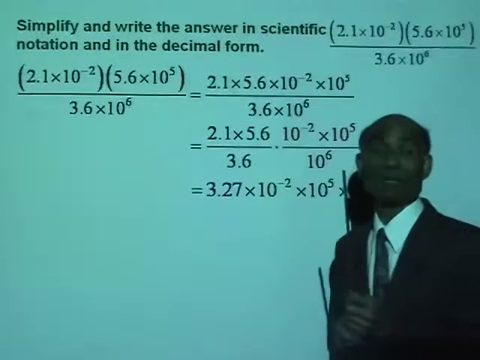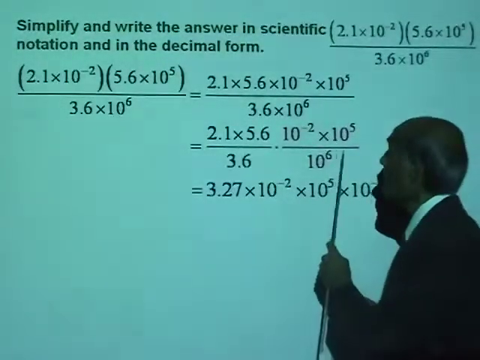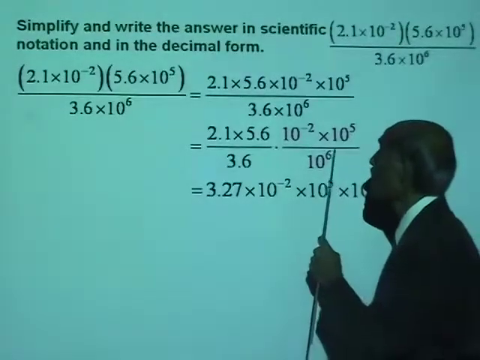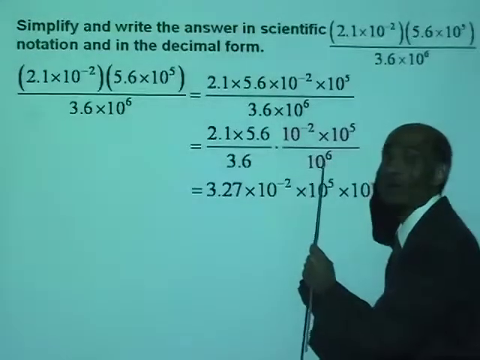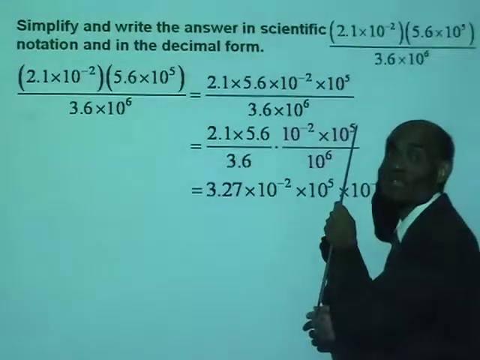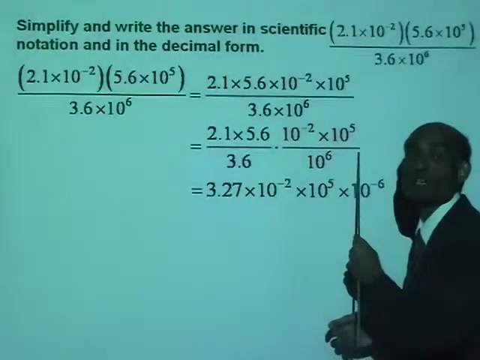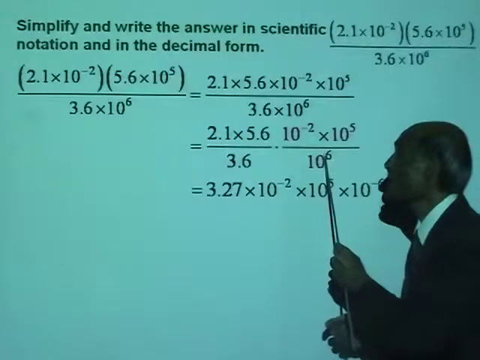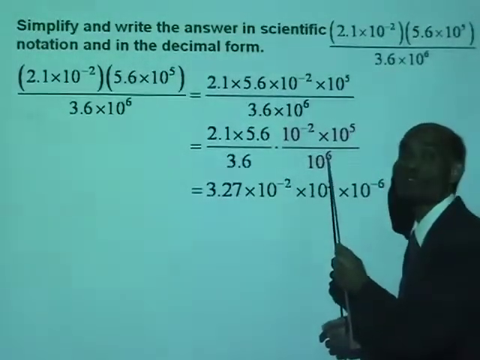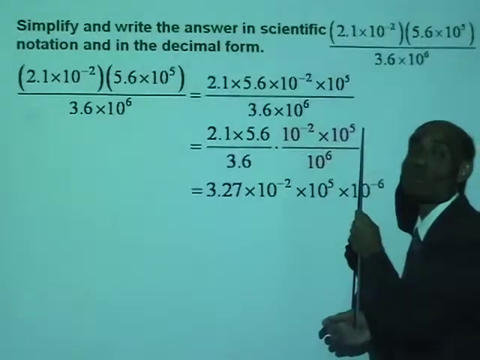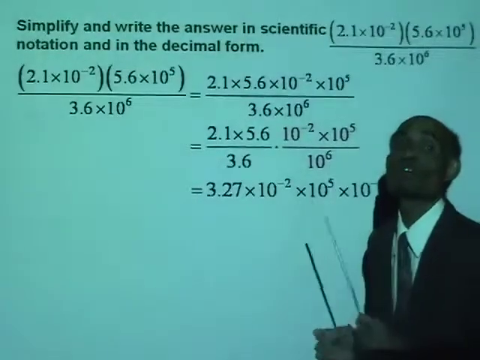So once again, when you want to write a number in the scientific form, powers of 10 will not be sitting on the denominator. You need to move it from the denominator to the numerator. When you move a power from the denominator to the numerator, the sign of the power will change. If the power is positive, it will become negative when it goes up. If the power is negative, it will become positive when it goes up.